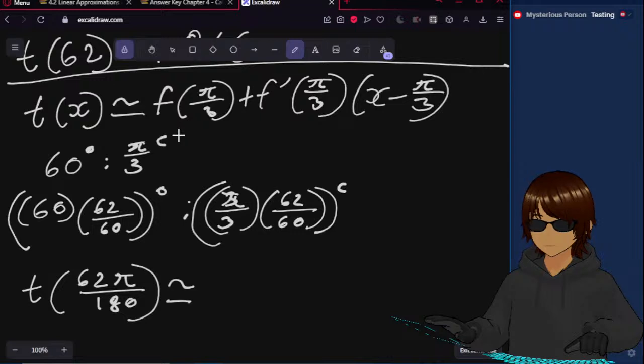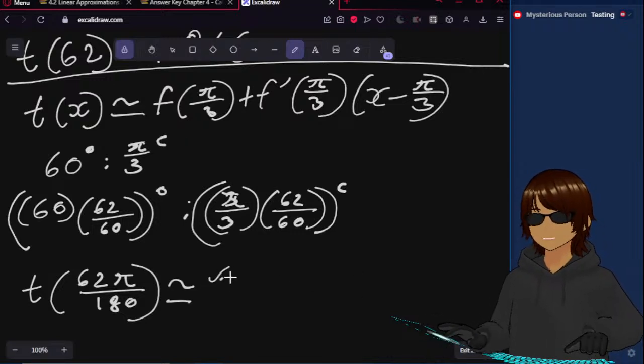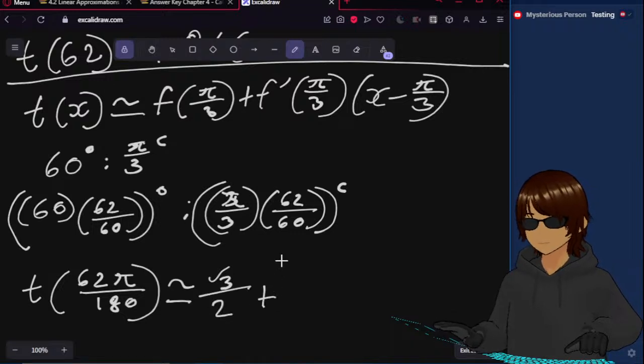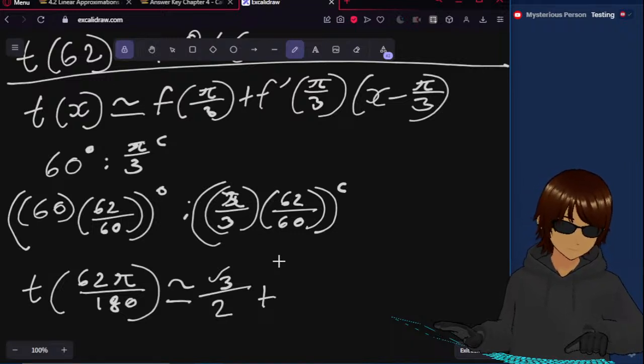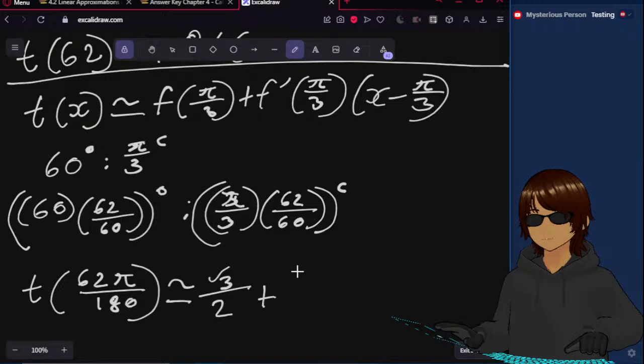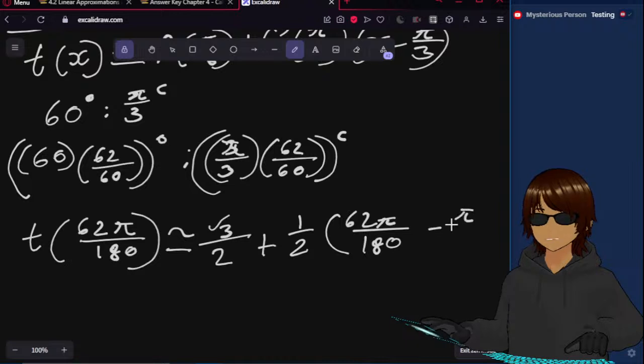Sine pi over 3 would be the same, just making sure, plus it with cos. That's what we have. And then x is 62 pi over 180, minus pi over 3.